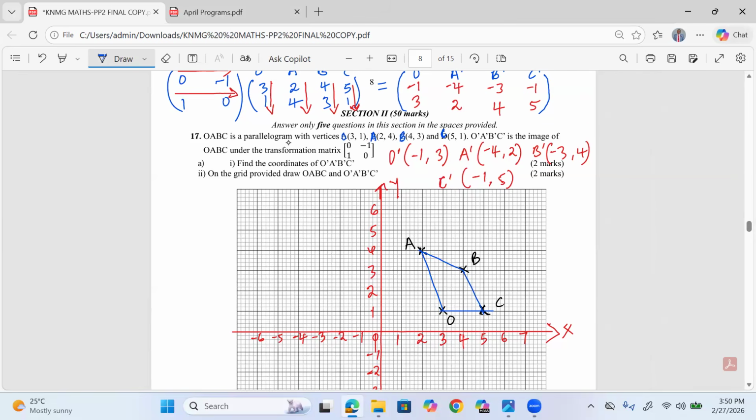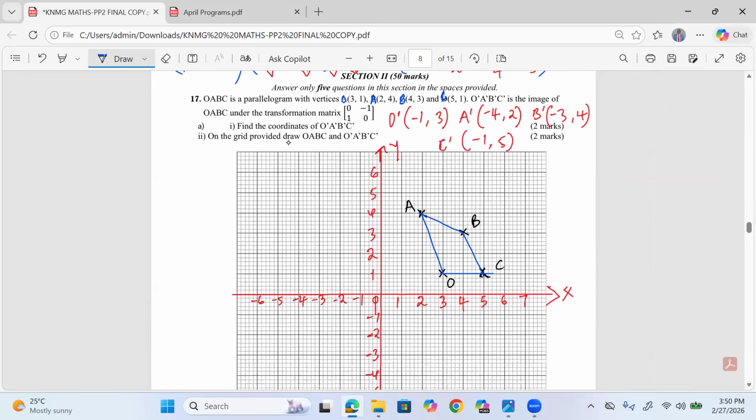The image, we can see the coordinates. So we need -1, 3. -1, 3 is here. So that's where O prime shall be. Then we go to A, which is -4, 2. -4, 2 is a coordinate at this point, and this shall be A prime.